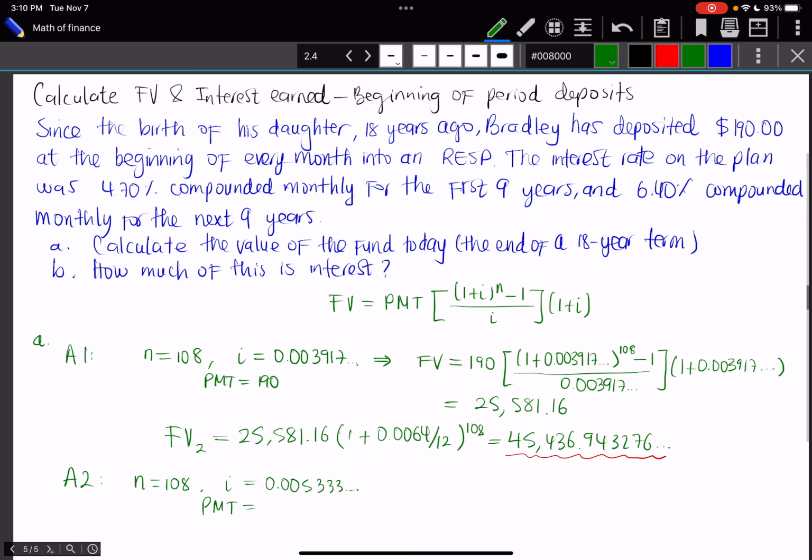The amount of the periodic payment is the same, $190 every month at the beginning of each month.